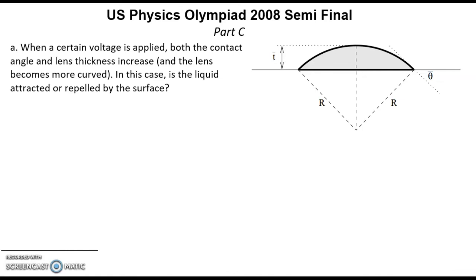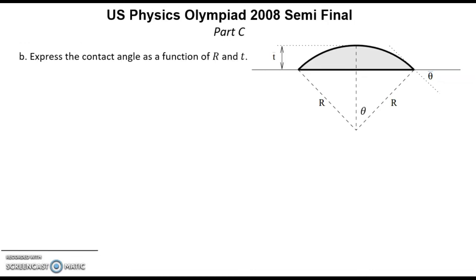When curve is increased and angle increased, this droplet will go up. It means that it's going against gravity. It means that voltage will repel this droplet. That's the answer.